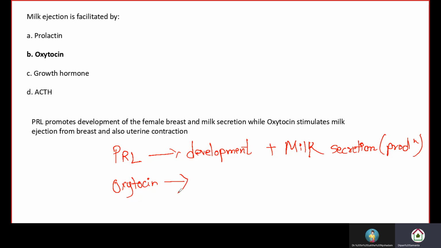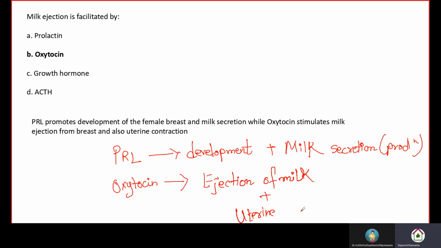Oxytocin, always remember oxytocin is ejection of everything. Ejection, or we can say contraction of any bag-like structures is done by oxytocin. In case of breast, the lobules of the breast are contracted by oxytocin, and it leads to ejection of milk, plus uterine contraction also.